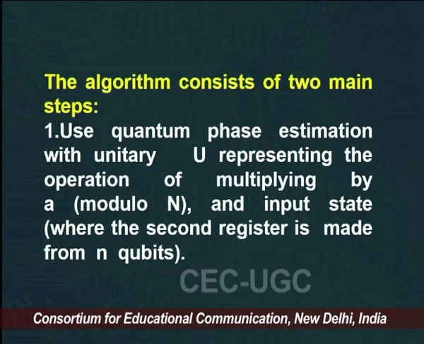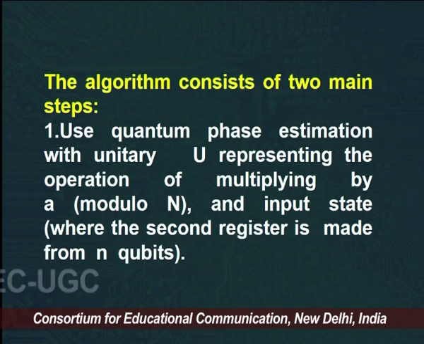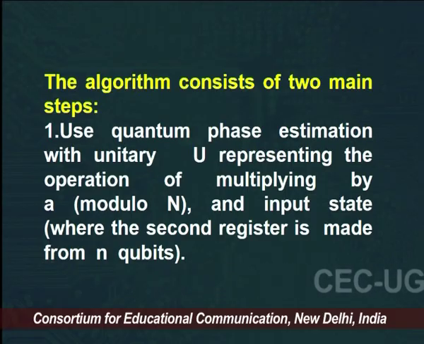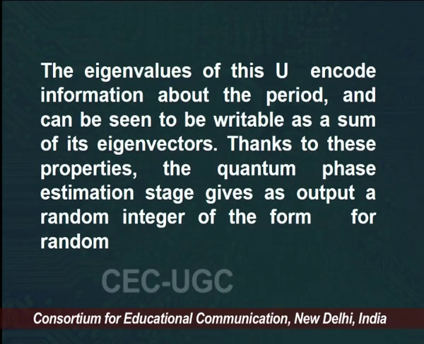So, this algorithm contains two steps. First step, where we use quantum phase estimation with the unitary defined by U, representing the operation of multiplying by a modulo n. So, the input state has the second register made from n qubits.